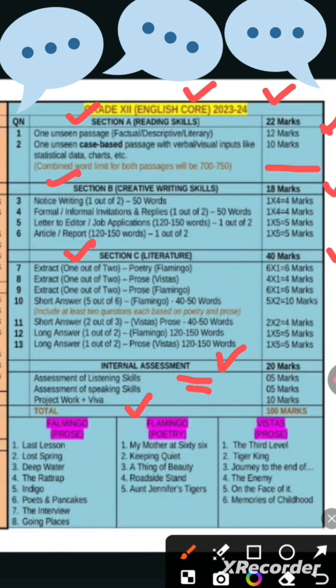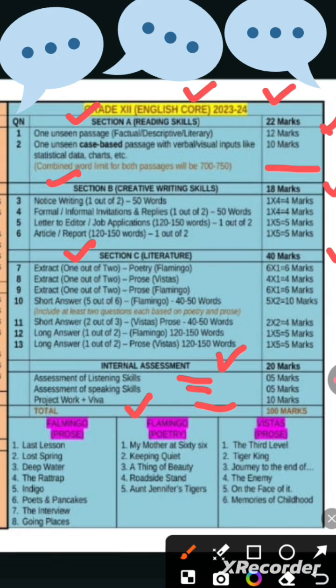And for project work plus viva, students are supposed to make projects, and then we as teachers are supposed to ask them questions based on their projects. This would be for 10 marks.